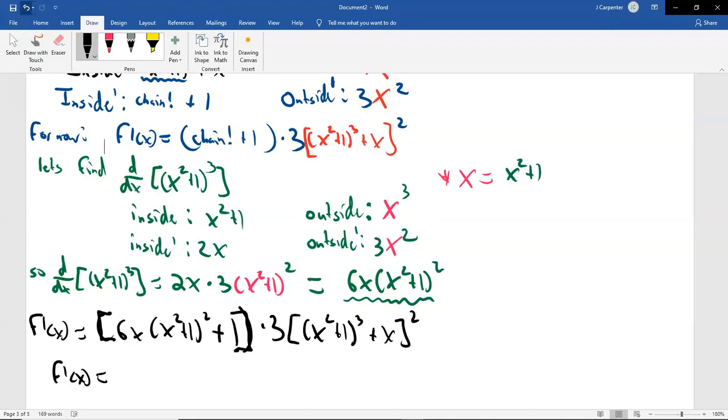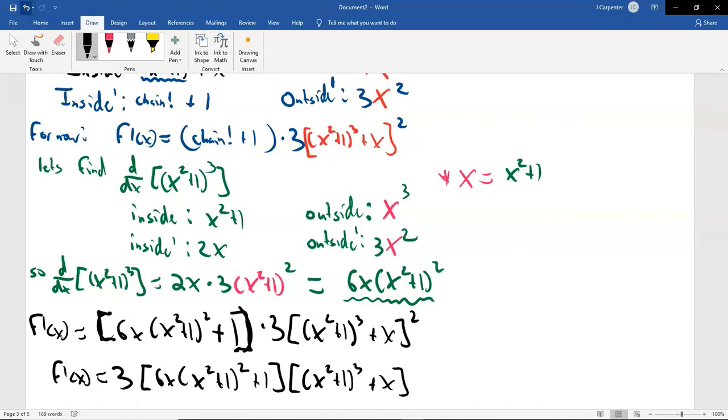Nobody wants a constant in the middle of two products. Put the 3 up front. So 3, bracket, then the 6x, then the parentheses, x squared plus 1, and then squared, and then another plus 1. Close the bracket. Then the other bracket, parentheses, x squared plus 1 cubed plus x. Close the bracket and square it. This is the answer.